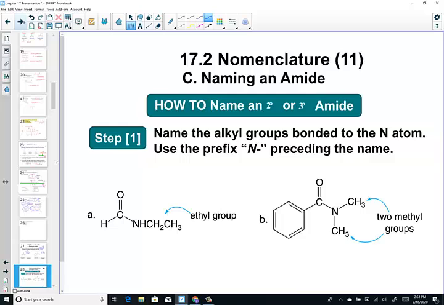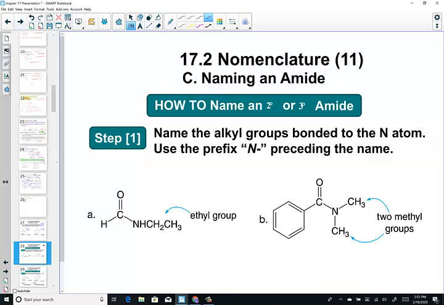Now primary amides are quite nice because they're attached to just hydrogen, so I don't have to worry about any other alkyl group. However, when we have a nitrogen that's either secondary or even tertiary, we have to include the alkyl groups that are attached to the nitrogen.